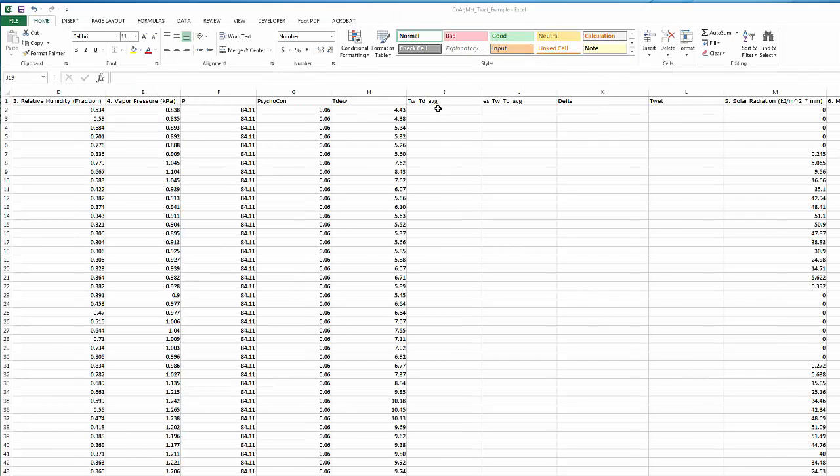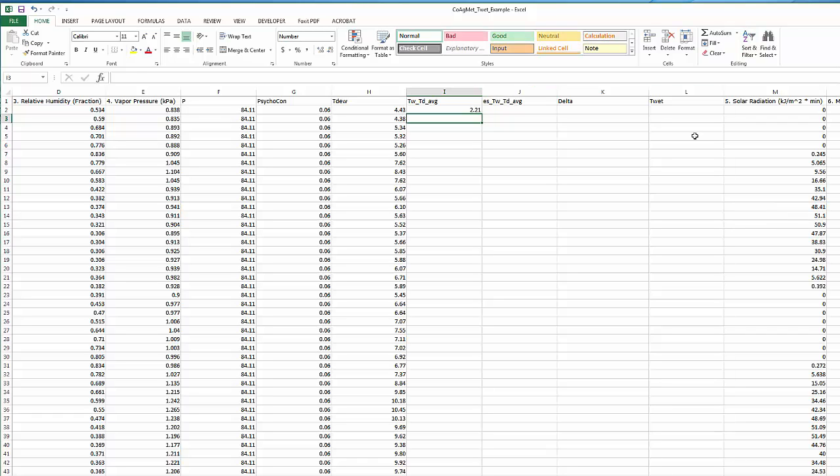Our next column is to calculate the average of the wet bulb temperature and the dew point temperature. Now we don't know the wet bulb temperature yet, but we can go ahead and put it in the formula. We can say equals T wet plus TD divided by 2.